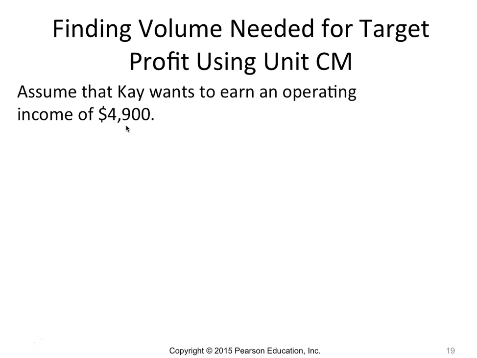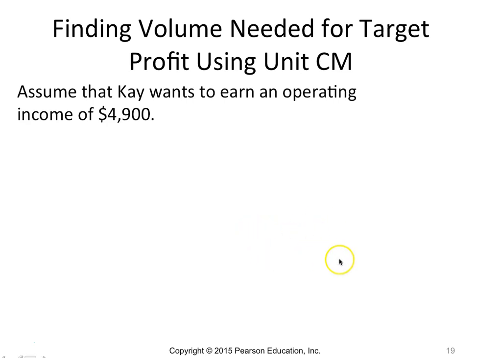And again, if we know the unit contribution margin, sales minus variable cost equals contribution margin. Then we subtract the fixed cost, and we get the operating income.